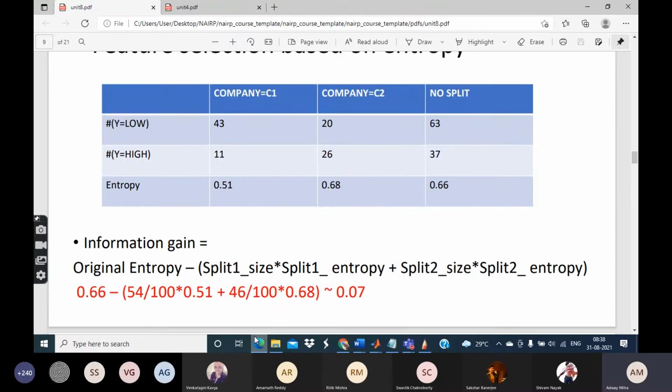So based on the notion of entropy, let us now define another concept known as information gain. What I was telling earlier in the previous slide was that initially I had a data set with high entropy.